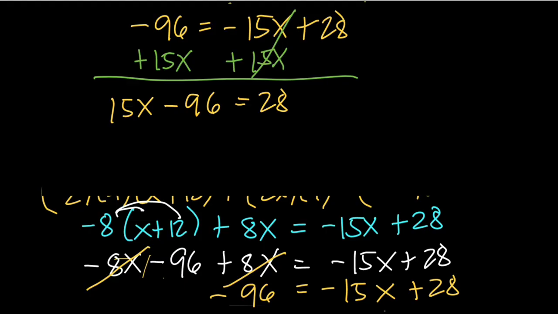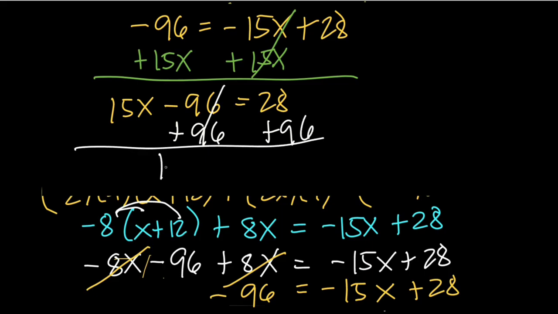You can, but then I want to put x on the left. That's why. Yeah. And then you add 96 to both sides, but it will be the same thing. So we'll be left with 15x equals, what is 28 plus 96?